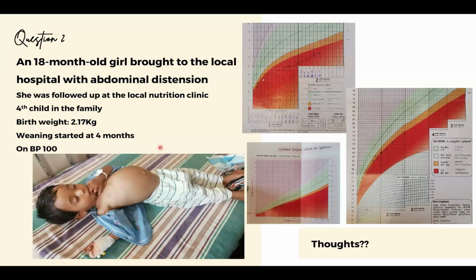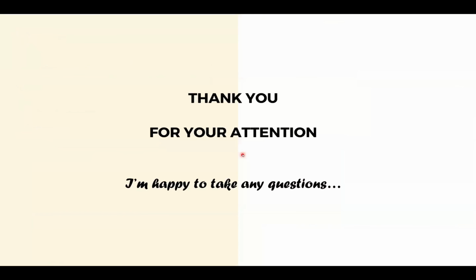The syndrome called WAGR, which has Wilms tumor, aniridia, genital abnormalities, and growth retardation. So we really have to look into the patient apart from these parameters as well. Right. Thank you very much. I'm happy to take the questions, probably at the end of the session.